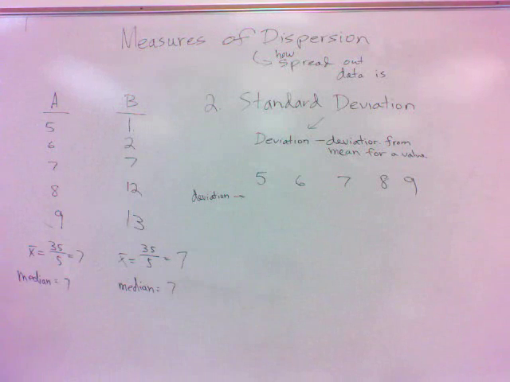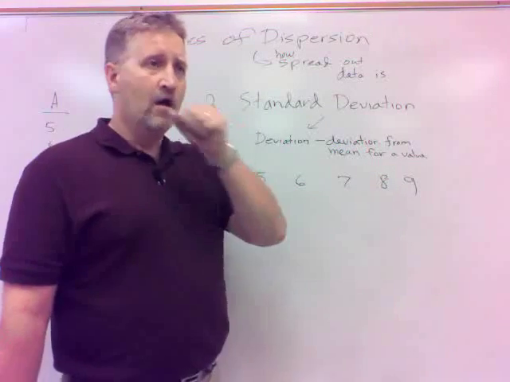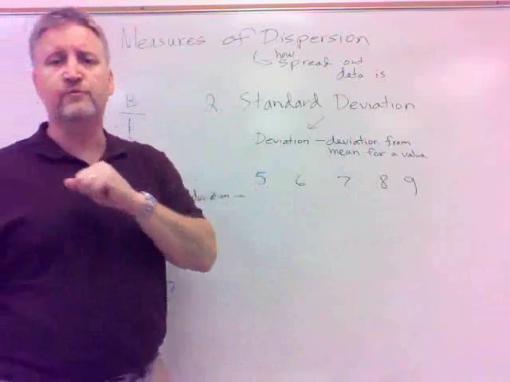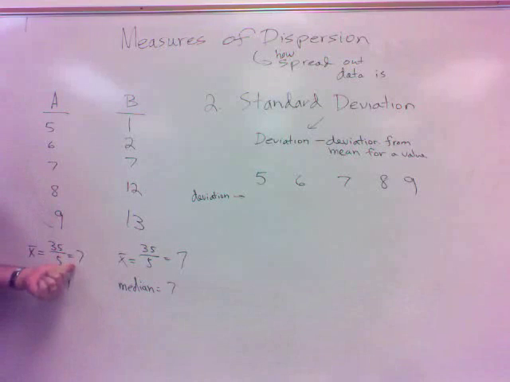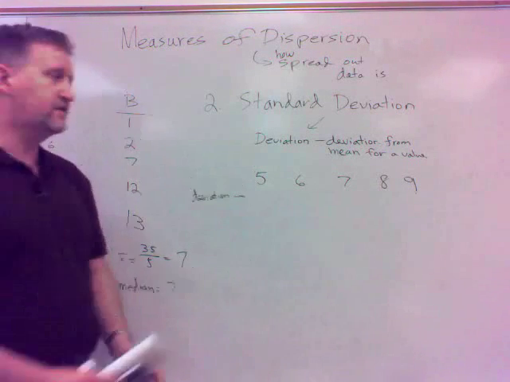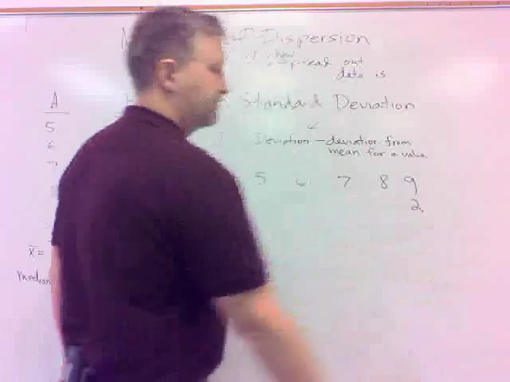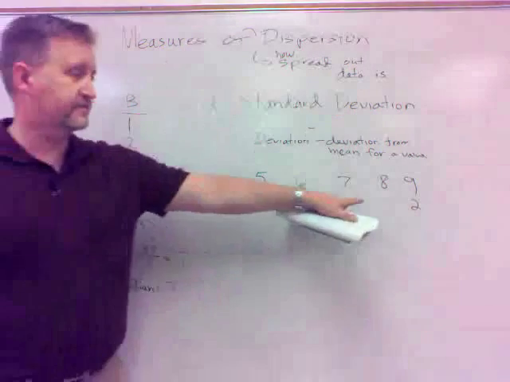The deviation of 9 would be, how far is it from the mean? The mean is 7, so 9 is 2 away from the mean. So the deviation of 9 is 2. What about 8?